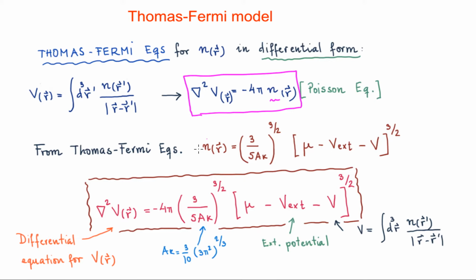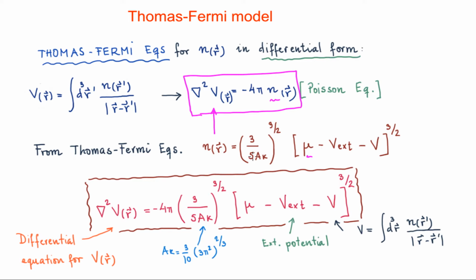So this is the electronic density in terms of the external potential, induced potential, and mu. Remember that the electronic density is proportional to the Laplacian of the induced potential, so you can replace that electronic density with the Laplacian of the induced potential times a constant.